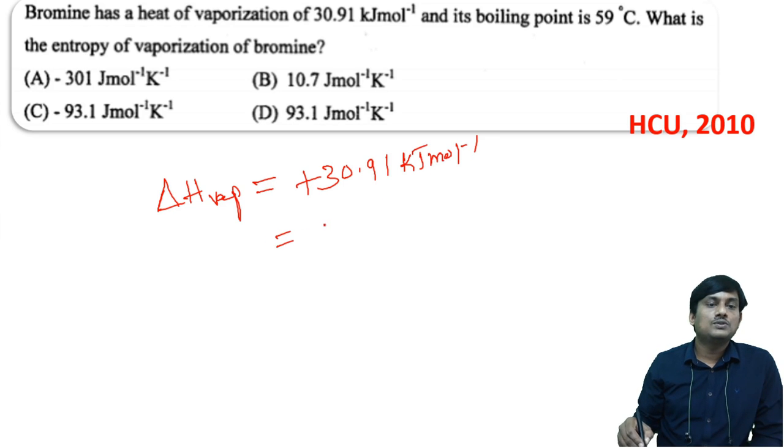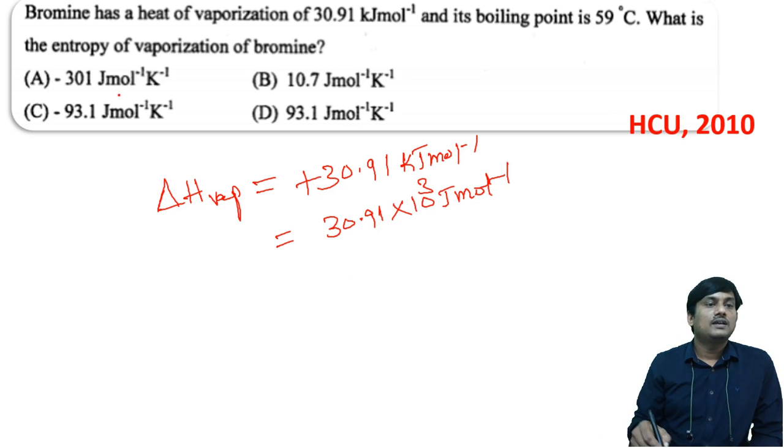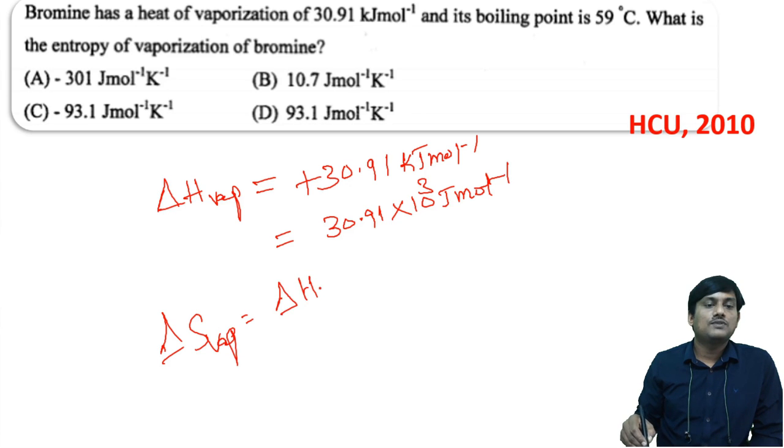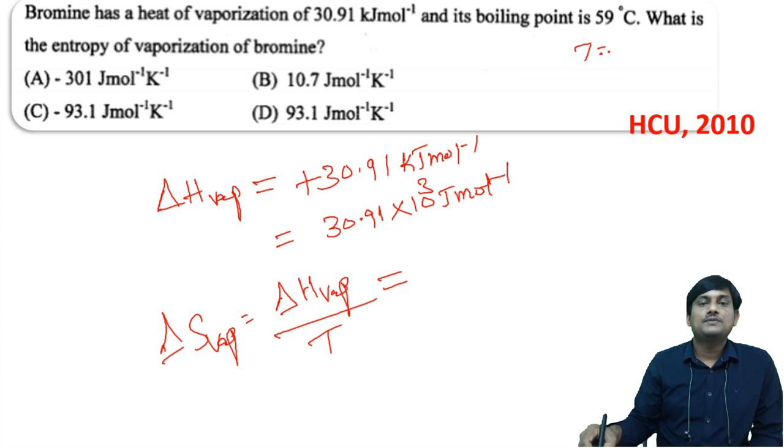When you convert into joules, it will be 30.91 into 1000, 10 cube joule per mole. And what is delta S vaporization? Delta S vaporization is simply delta H vaporization divided by temperature. Here T is 59 degrees centigrade, so you have to convert into Kelvin.